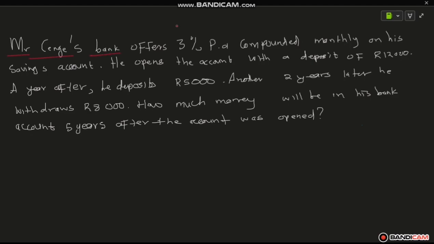Mr. Cenge's bank offers 3% per annum compounded quarterly on his savings account. So he opens the account with a deposit of 12,000. This is the initial.